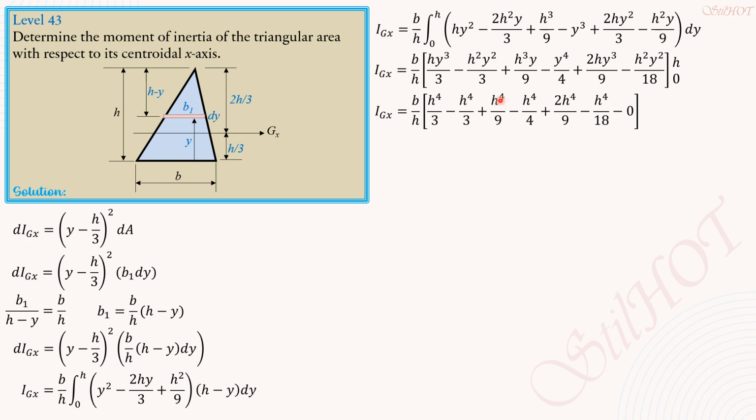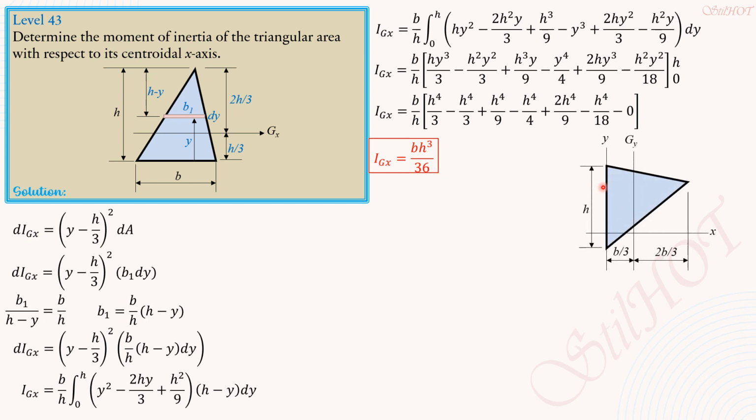So using the calculator, 1 over 9 minus 1/4 plus 2 over 9 minus 1 over 18. Then the result would be in terms of bh cubed. So computing, Igx is bh cubed over 36. So remember that it is bh cubed over 36.